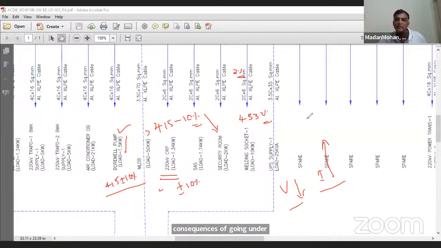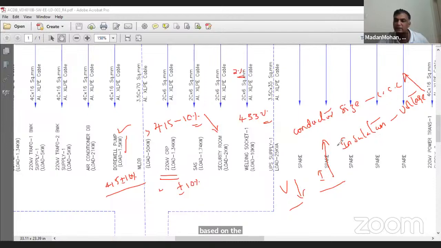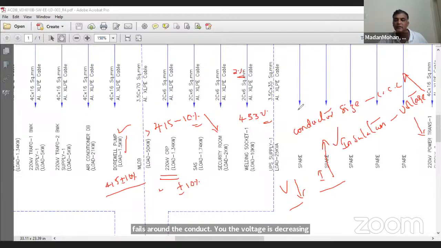Generally your conductor size depends upon current carrying capacity, and insulation is decided based on the voltage. If the voltage is increasing, then your insulation fails around the conductor. If the voltage is decreasing, then current will increase, which overheats the conductor, which again impacts the insulation around the conductor.